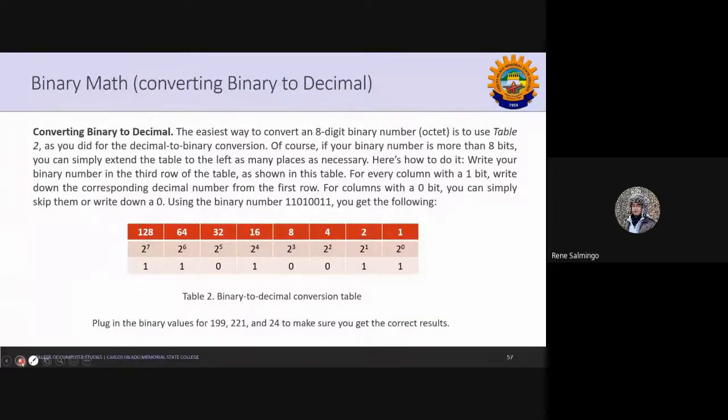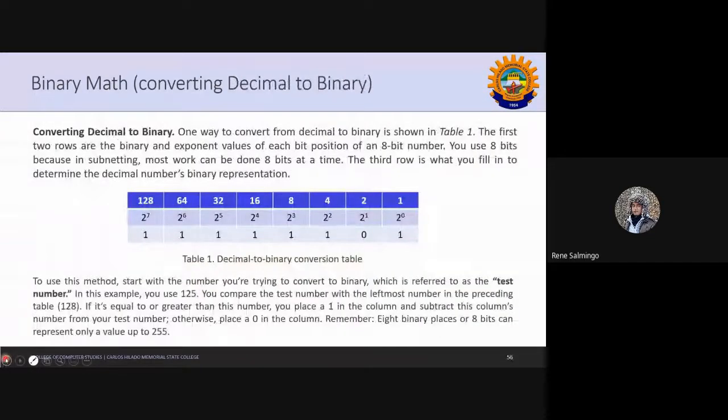So we have two, correct? And in order for it to be identified, 2 raised to the 0 is 1. 2 raised to 1 is 2. 2 squared is 4. 2 to the third is 8. 2 to the fourth is 16. And 2 to the fifth is 32. And 2 to the sixth is 64. And 2 to the seventh is 128.